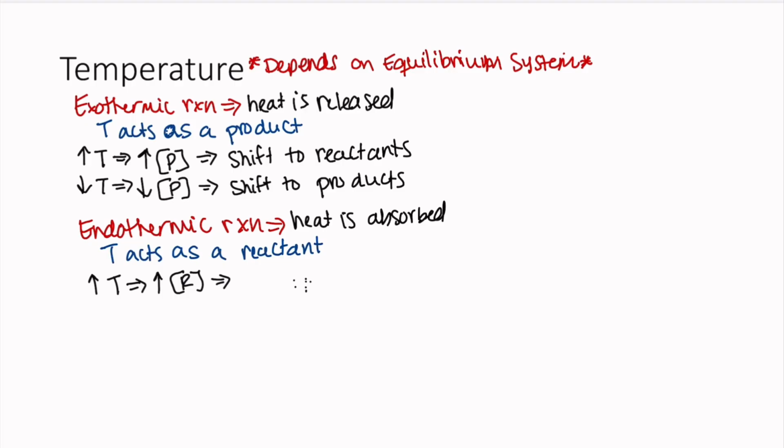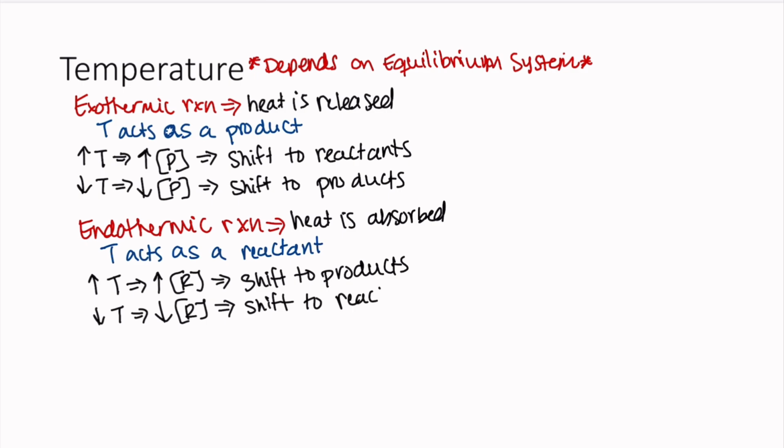And if we increase the concentration of our reactants, then we should see a shift to the products. And if I decrease my temperature, then I am essentially decreasing my reactants, and we should see a shift to the reactants.